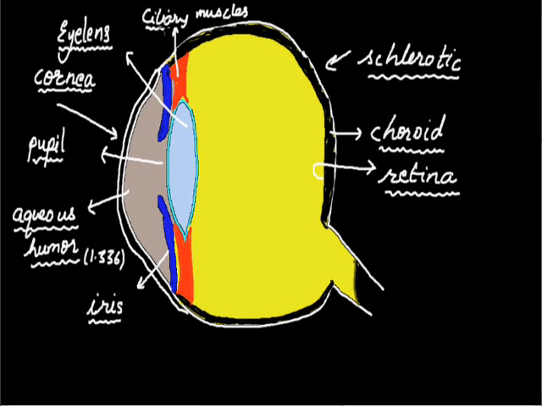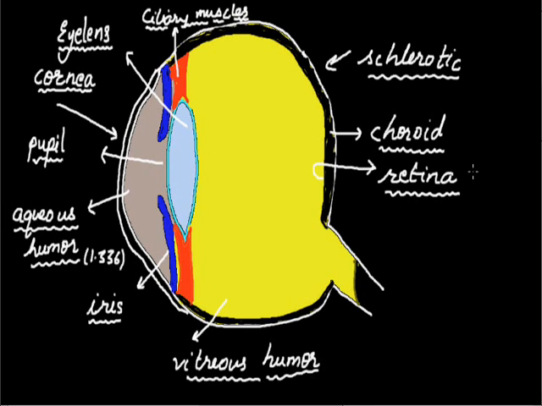These ciliary muscles give the eye lens the power through which we can see the nearby as well as the far distant objects. Behind the eye lens there is again a transparent liquid. Its refractive index is again 1.336 and it is known as vitreous humor.